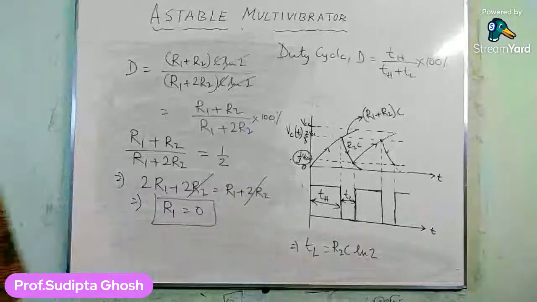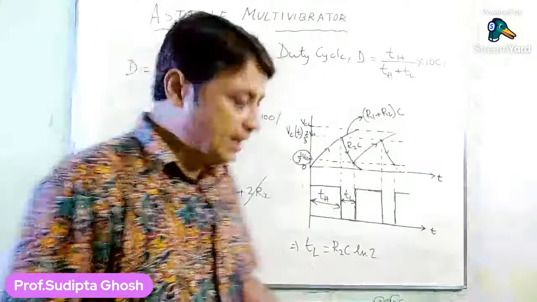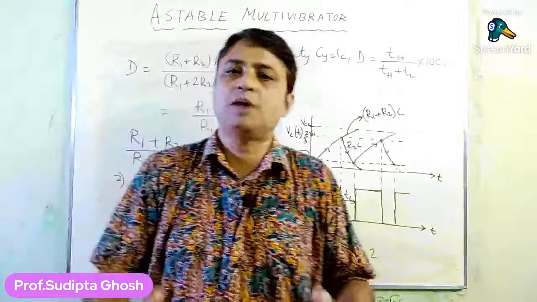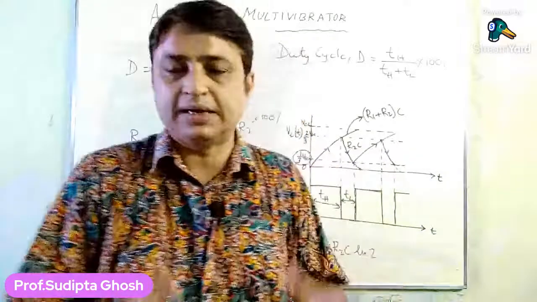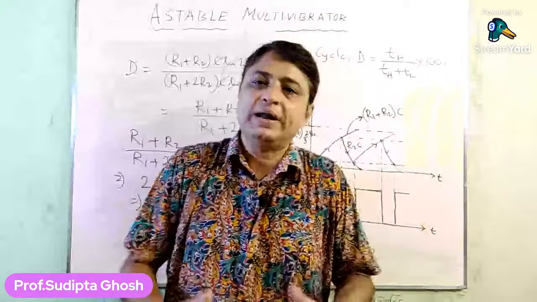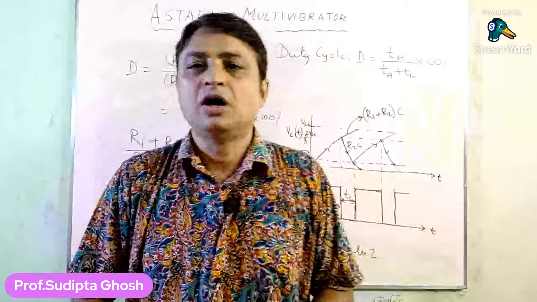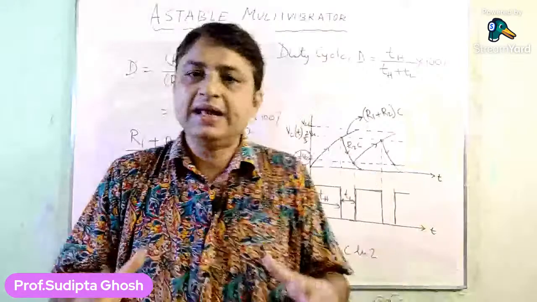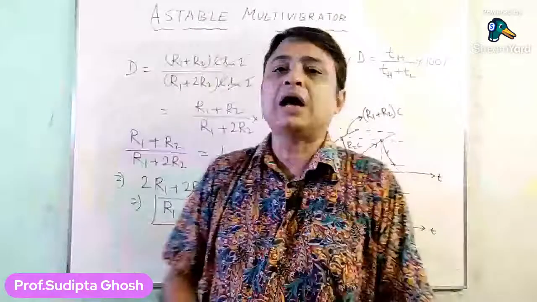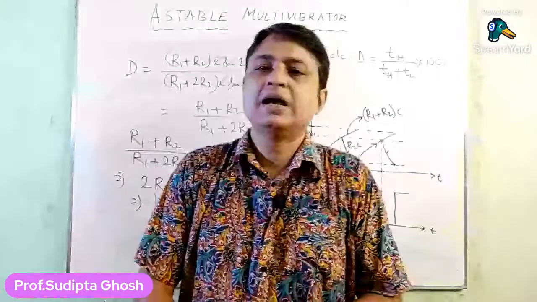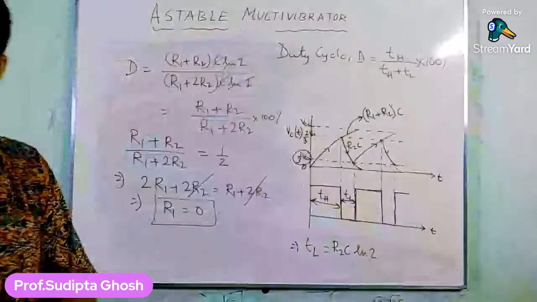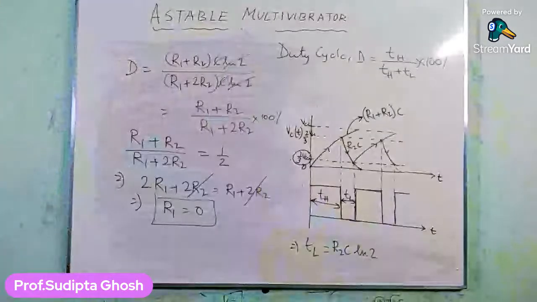So that means to make a square wave output from an astable multivibrator circuit by obeying this particular formula of duty cycle, we obtain a value of R1 equals 0. That means we do not have to connect any resistor as R1 in this circuit, right?